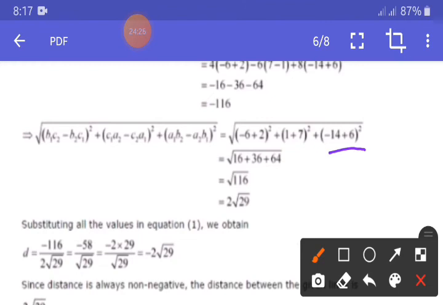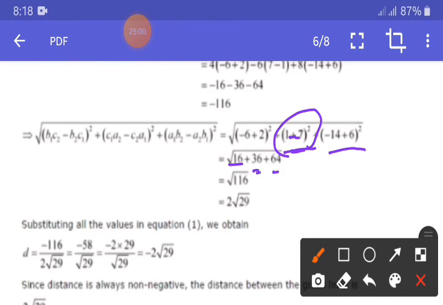Minus 6 plus 2 is minus 4, squared 16. 1 plus 7 is 8.